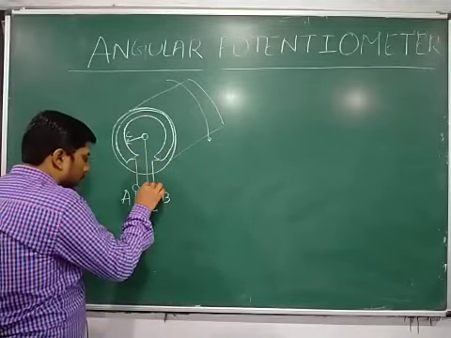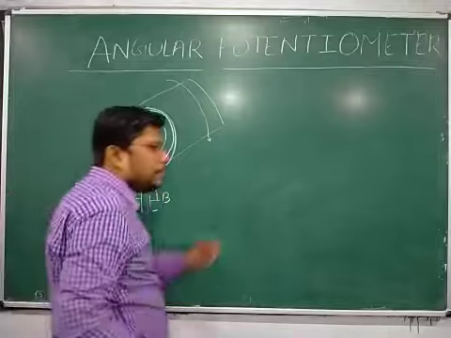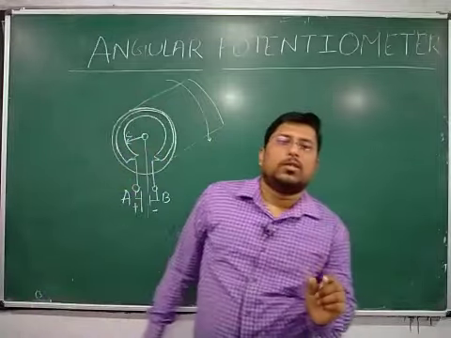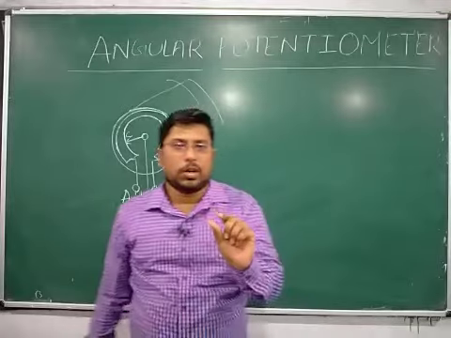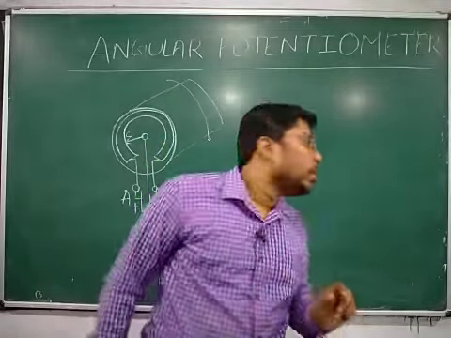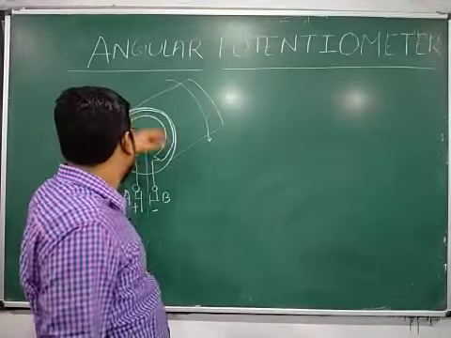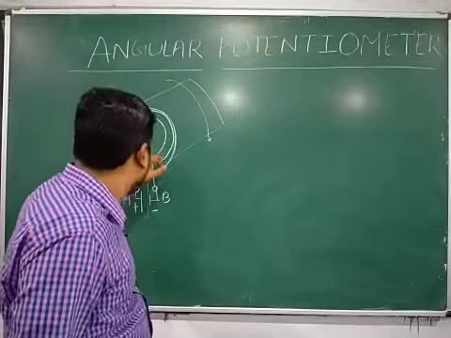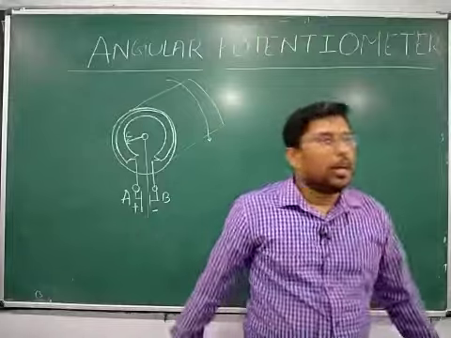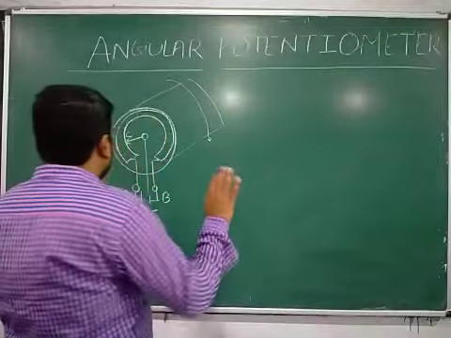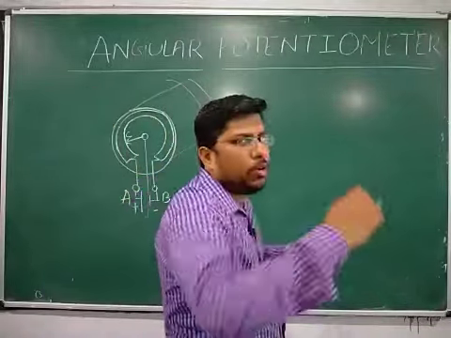Means we will get the potential difference in the AC part, that is, VAC. Automatically in the CB part no current flows, so it comes under short circuit.